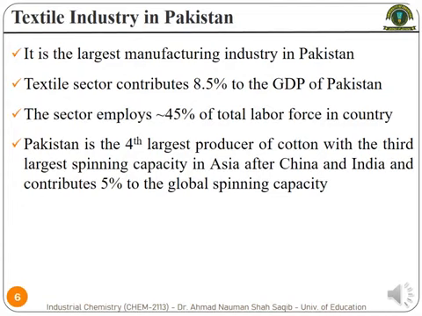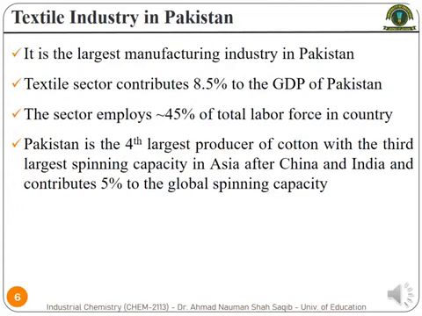When we talk about the textile industry, one of the major specialities of Pakistan is the cotton products. So we are the fourth largest producer of cotton, and when we talk about cotton, the most important parameter is the spinning capacity, and we have the third largest spinning capacity in Asia after China and India.